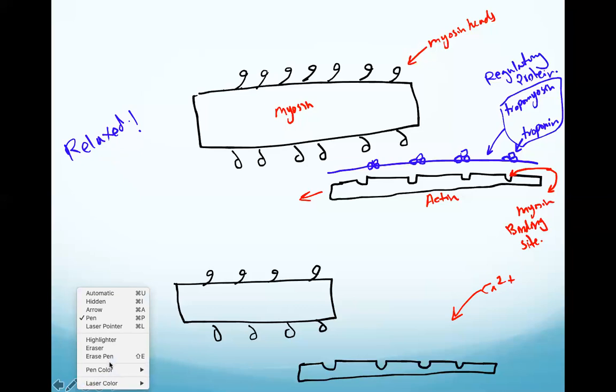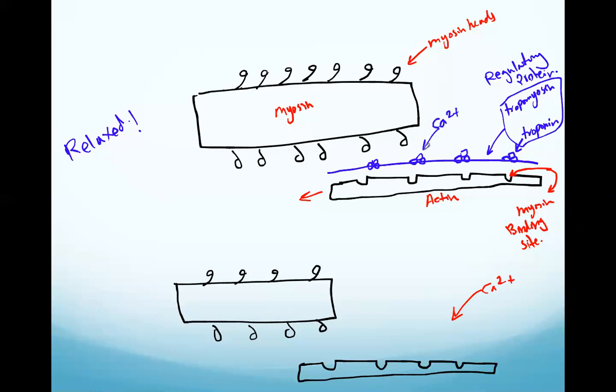So let me do my colors. Calcium comes and binds to my troponin, and I can draw it up here because it makes it a little bit easier. So calcium comes in and binds directly to my troponin. The interaction between calcium and troponin causes the troponin to move. Now notice how troponin is connected to the tropomyosin.